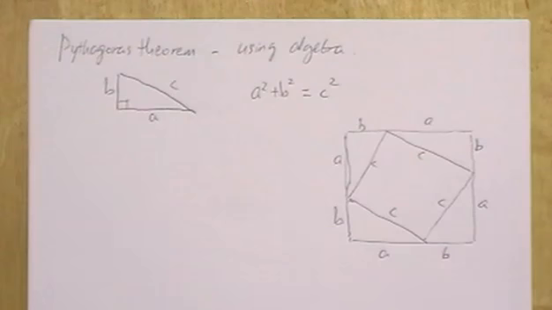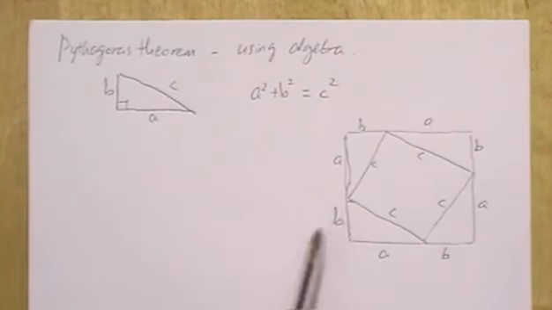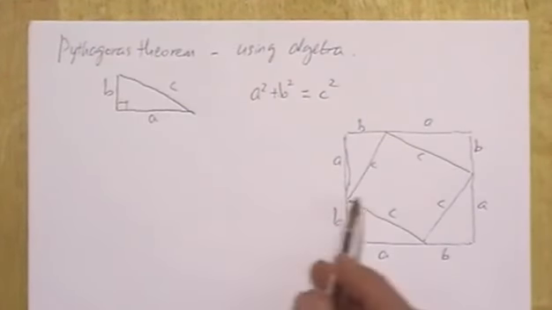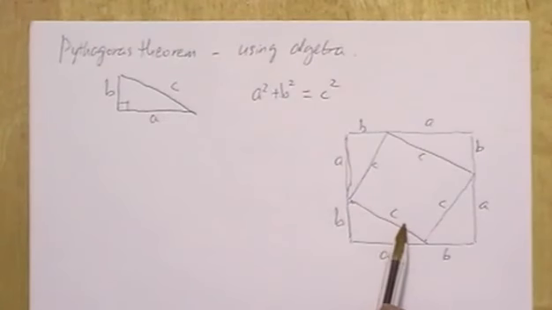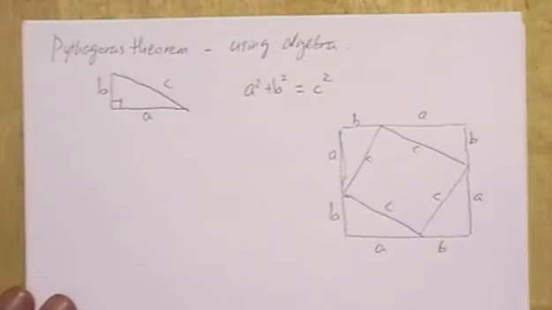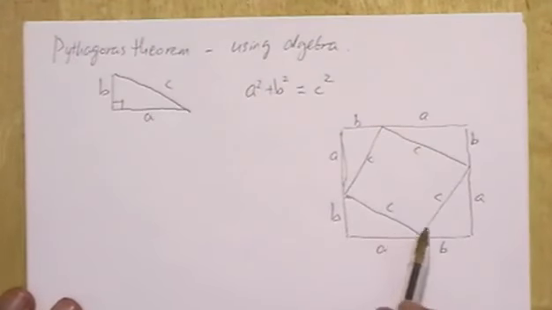Now then, I shall write down the area of this big square in terms of A, B, and C. So there are at least 2 ways we can do this.